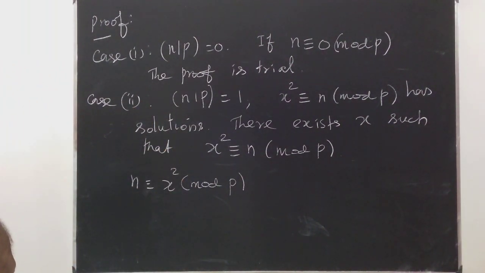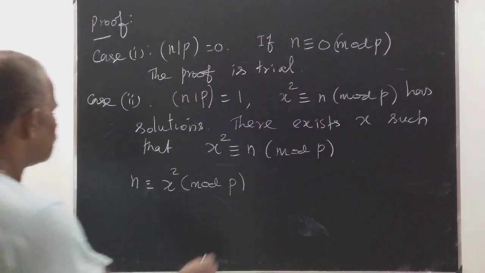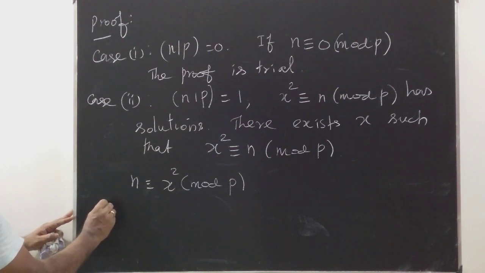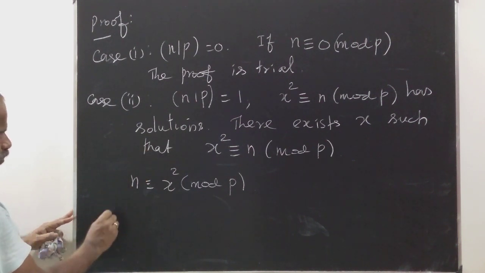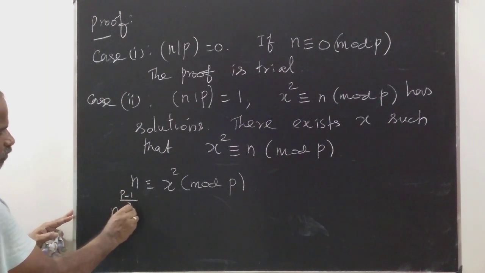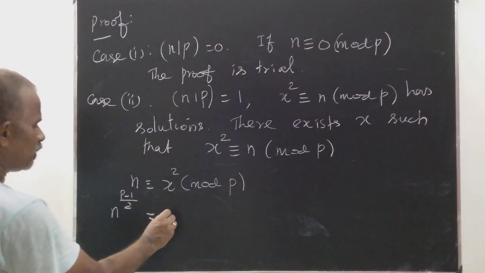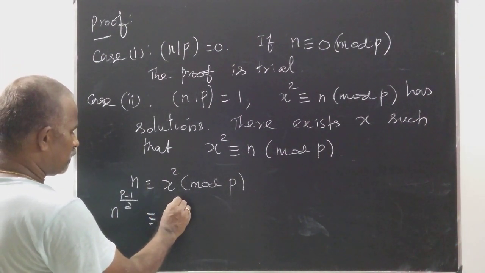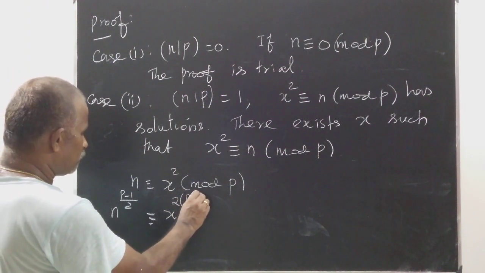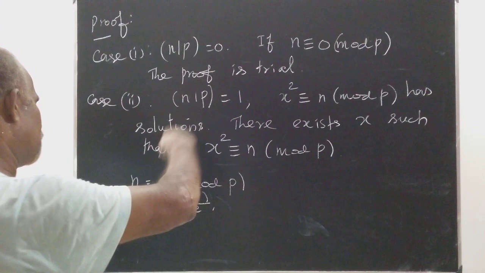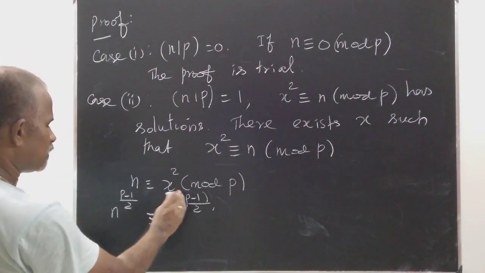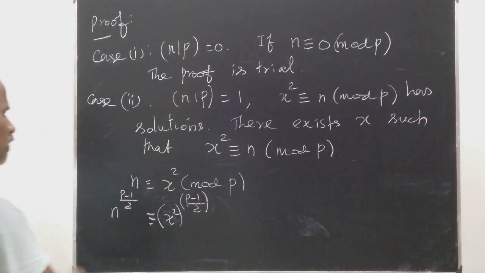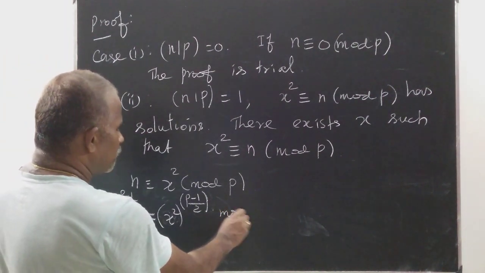Now taking power (p-1)/2, n^((p-1)/2) is congruent to x^(2·(p-1)/2). That means taking power on both sides. So therefore this is (x^2)^((p-1)/2) mod p.